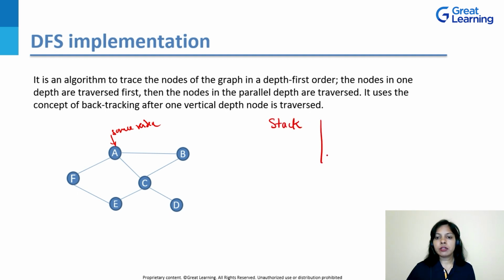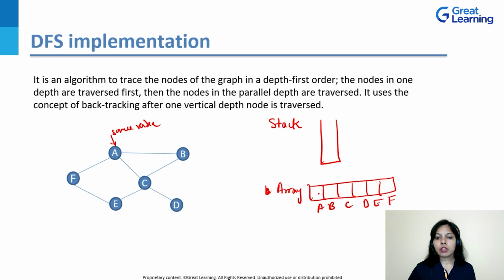So we need a stack here. And then there will again be a Boolean array, which will store true or false. Initially, all the values will be false, for A, B, C, D, E, and F. Once we visit a particular vertex, we'll make it true.